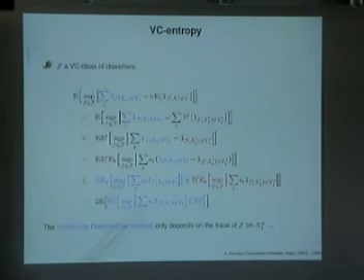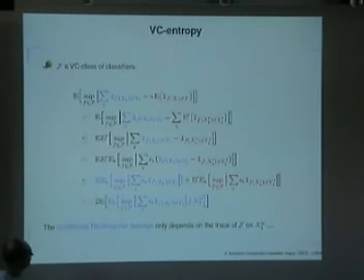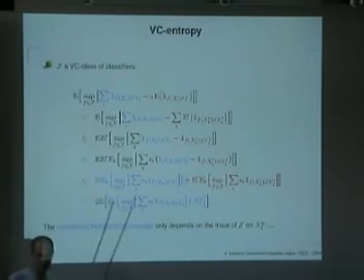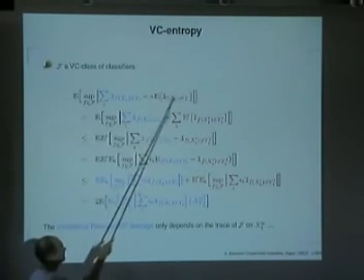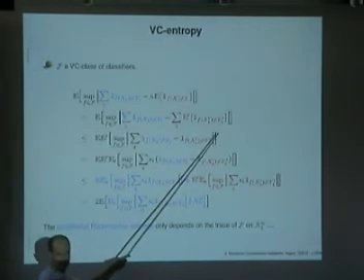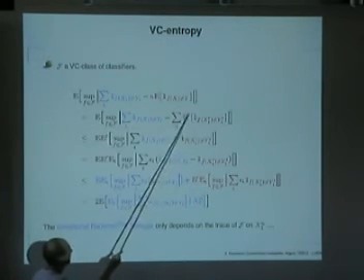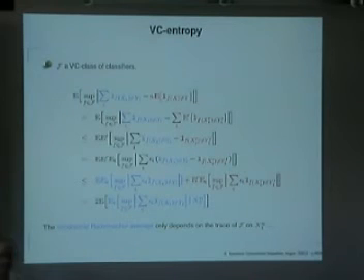So it's this one. But I will rearrange this expectation and introduce ghost samples. So instead of taking n times the expectation, I will take the sum of identical terms, where I explicitly say that I'm taking independent copies.